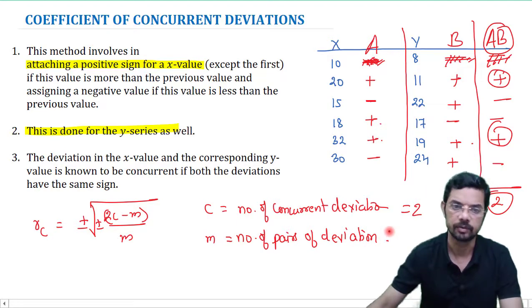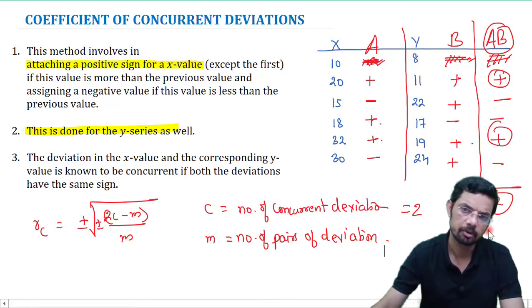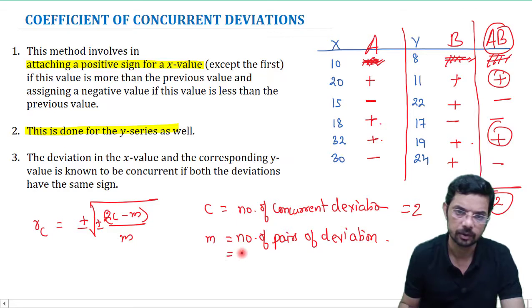Number of pairs of deviation, that is total, we take it as n minus 1, where n is the total number of pairs. This is 1 pair, 2 pair, 3 pair, 4 pair, 5 pair and 6 pair. So here in this case we have 6 minus 1, that is equal to 5.